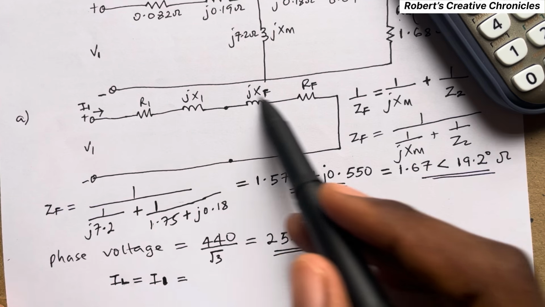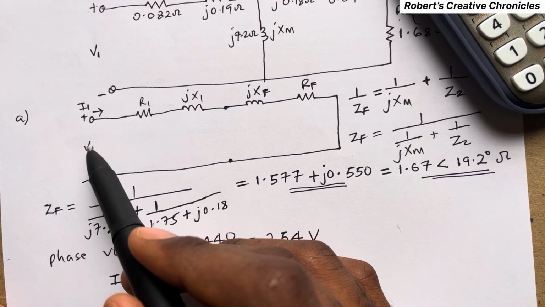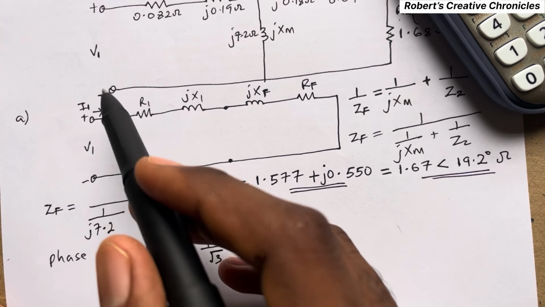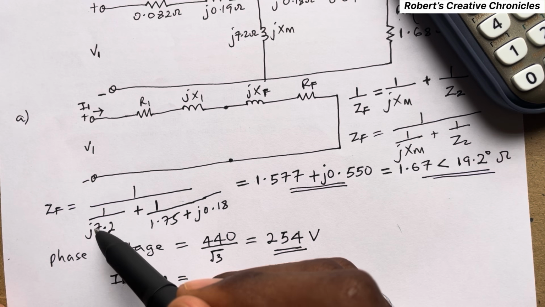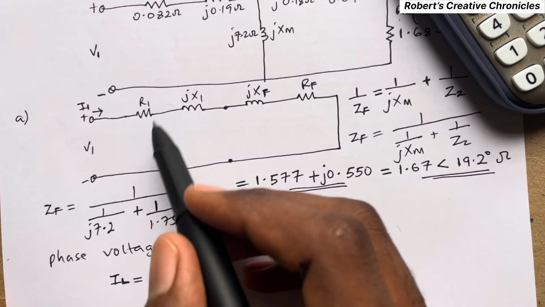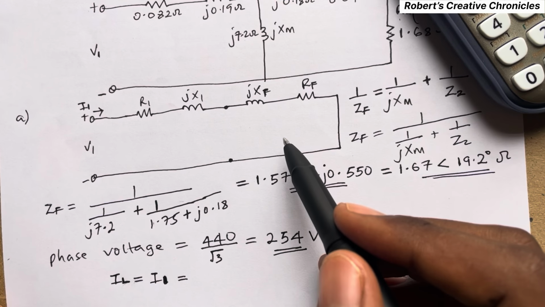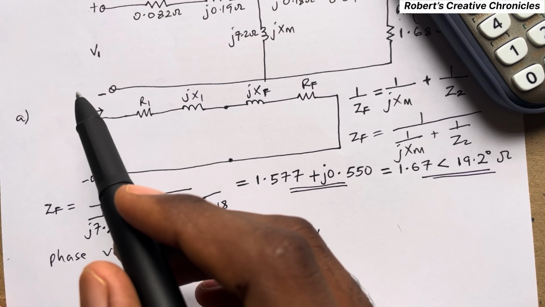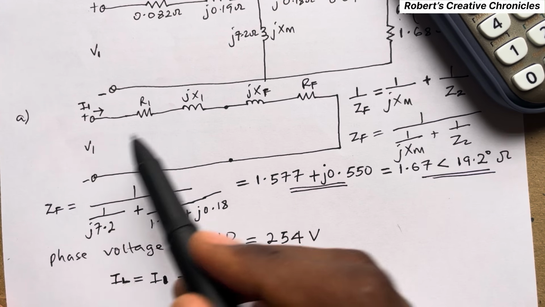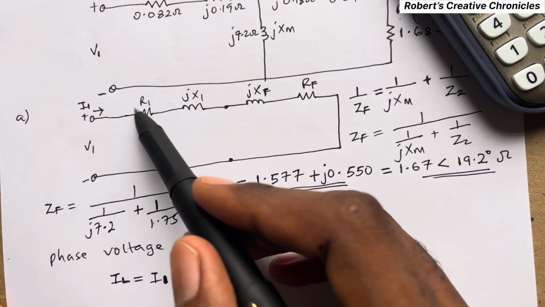If you analyze this circuit, you see that all these impedances are in series, and there's a voltage V1 and a current I1. Using normal Ohm's law, V equals IR, the current I1 is the voltage V1 divided by the total or equivalent impedance.